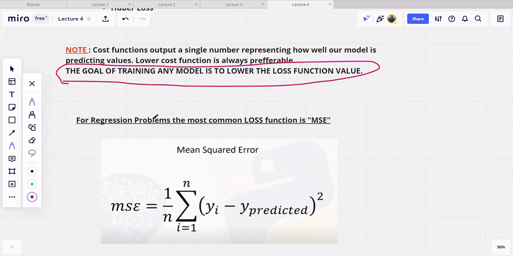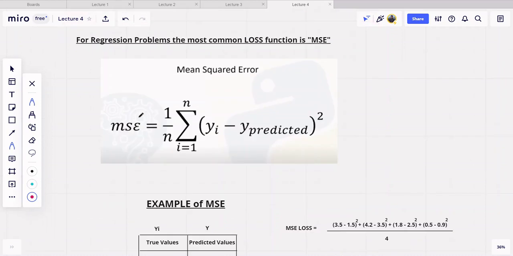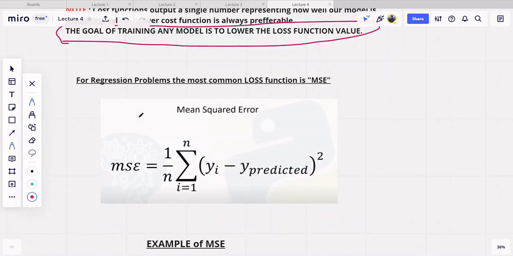Once I explain how a loss is calculated, it will be very obvious to you, because the loss function or cost function is not very hard. Since we are doing a regression problem, I will explain how we can calculate the loss for it. The most common loss function for a regression problem is mean squared error.